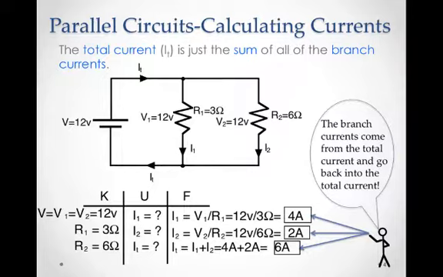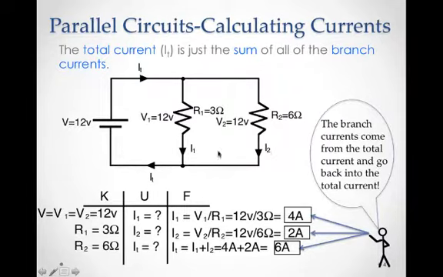So let's start out analyzing a parallel circuit, since we know a couple of things about them, and mainly that the voltage is the same across each of these resistors, and therefore we can go about trying to calculate all the currents in a particular parallel circuit. So we have our parallel circuit, and we have our two different resistances here, a 3 ohm resistor and a 6 ohm resistor.